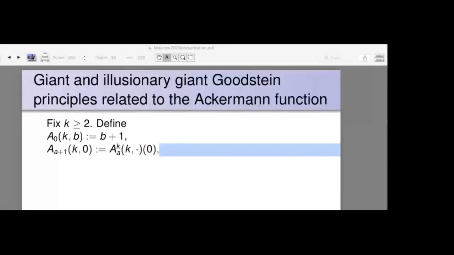Can you see now this screen here? Yes. The new screen, and actually I have here my iPad, and ai plus 1 of kb, which has been defined. I did not define it right now, but a index a plus 1 of k and 0 is what? I take a index a k. Andreas, we don't see the text that you're writing. We see the slides still. Yes. You still see the slides?